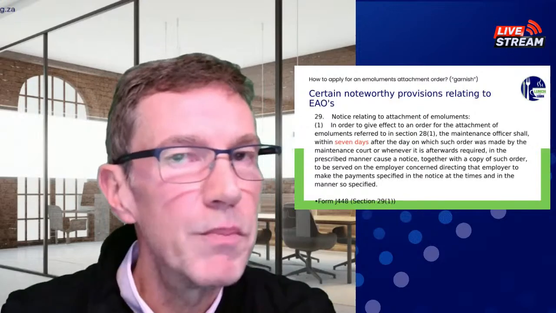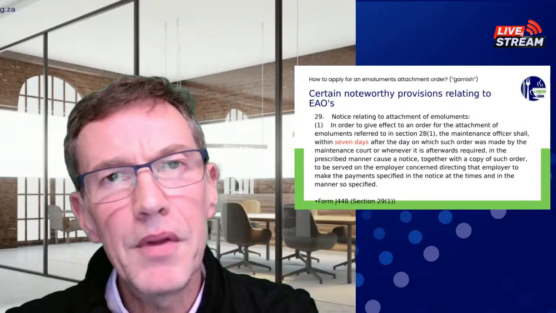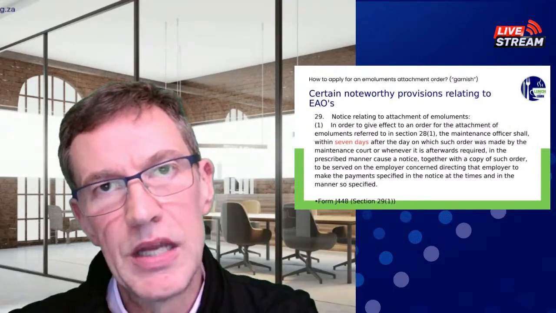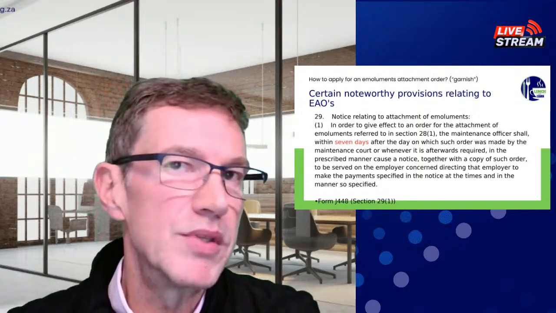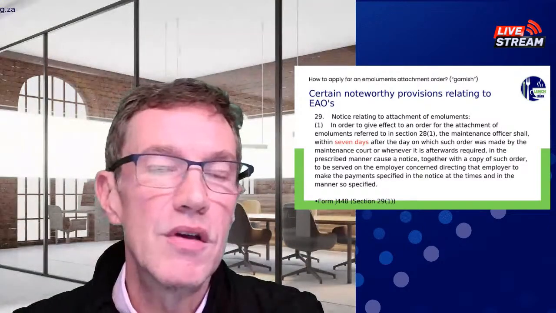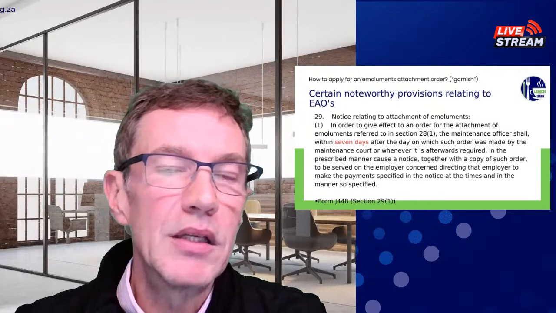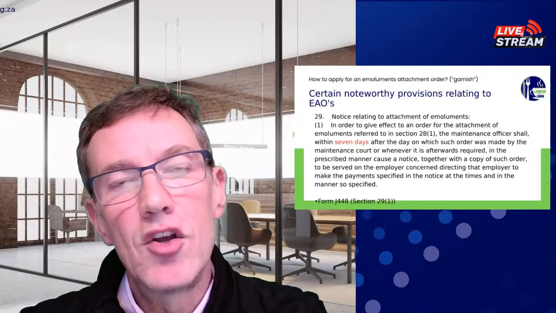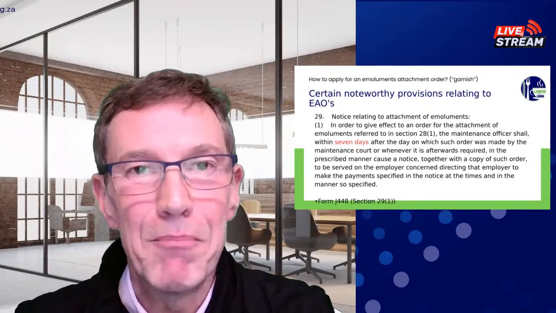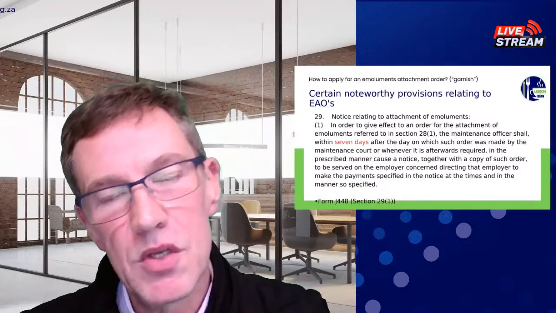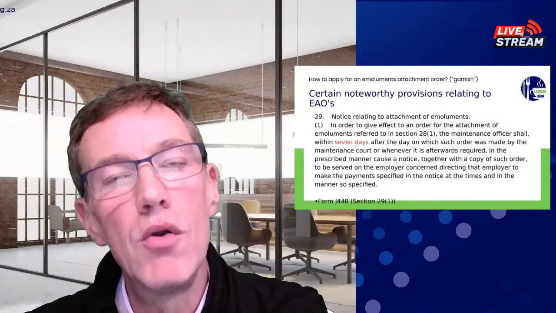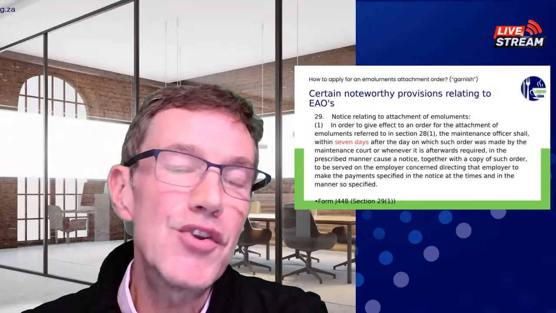And one should be reasonable and afford them the opportunity to load that onto their system, because there might be cutoff dates and so forth. So usually in practical terms, a garnishee order to get your first payment should take no longer than 2 to 3 months, 3 months at the most.